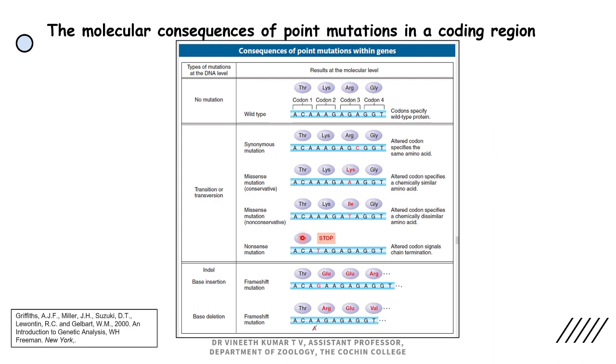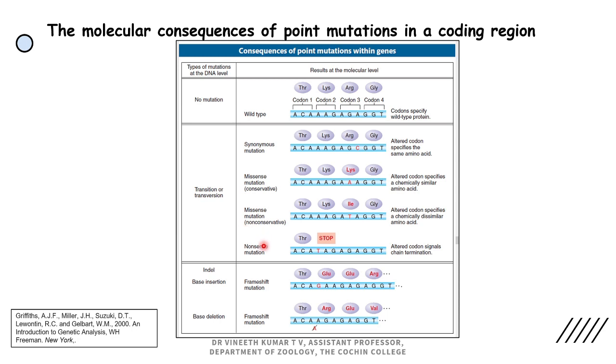As a result, after adding this particular amino acid, the process of translation will be halted because it is a stop signal, a stop codon. As a result, the protein itself is not produced, and here you can see that the altered codon is signaling for chain termination or termination of protein synthesis, and such substitutions are referred to as nonsense mutation.